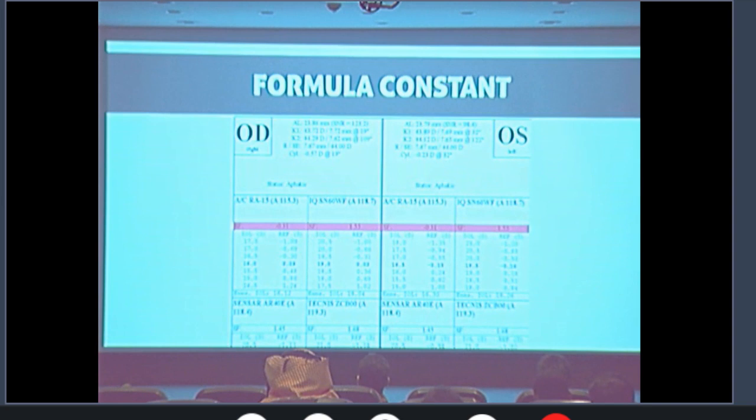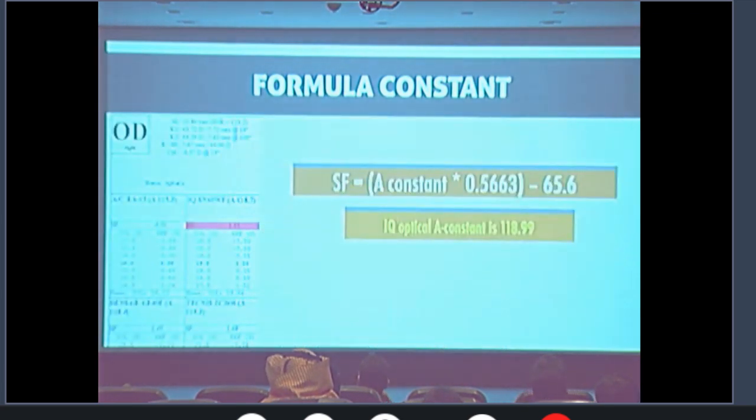And as we mentioned earlier, the K1 and K2, we are not using them. We are using this one in the calculation. But we are measuring K1 and K2 just to know the amount of cylinder. So here is 1.55, the surgeon factor. To calculate the surgeon factor from your A constant, let's say you know the A constant of the IOL, but you don't know the surgeon factor, you have to use this formula.